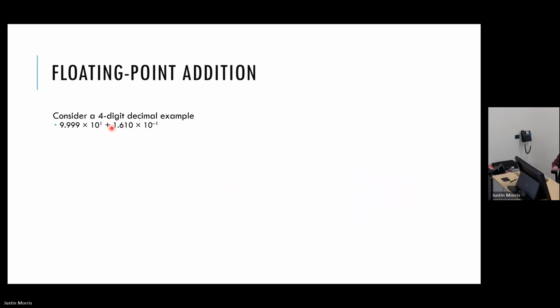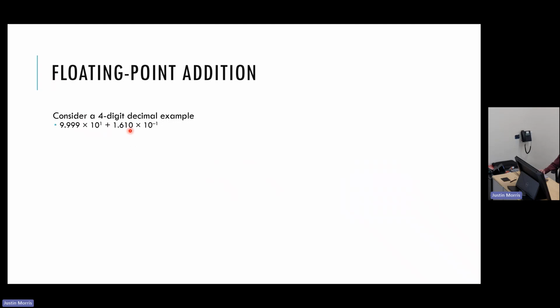It's not really important which one, but because we want to put it back into scientific notation, we want to adjust the smaller one to the bigger one, because the smaller one will be adjusted by shifting the decimal to the left. And then when we add it to the bigger one, maybe it doesn't change it. But if we adjust the larger one to the smaller one, we are for sure going to need to readjust back because it's shifting the decimal point to the right.